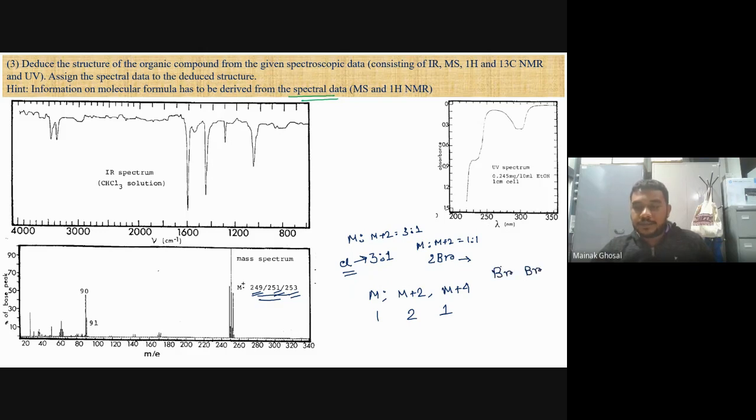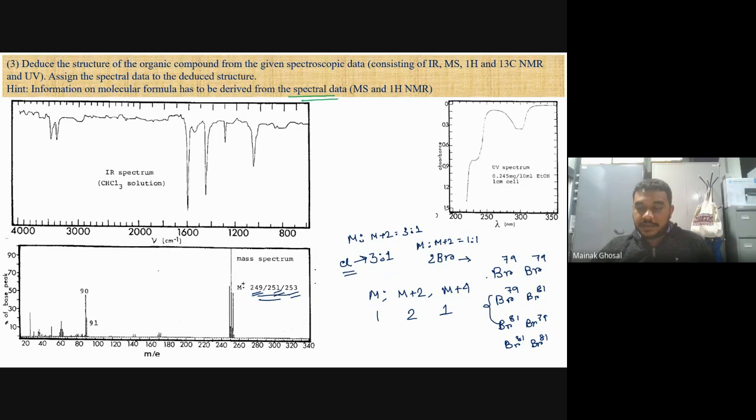Okay. So one possibility is this one, 79. Another is this one, 81. This one is 81, this one is 79. Another is this one, both of them are 81. Right.